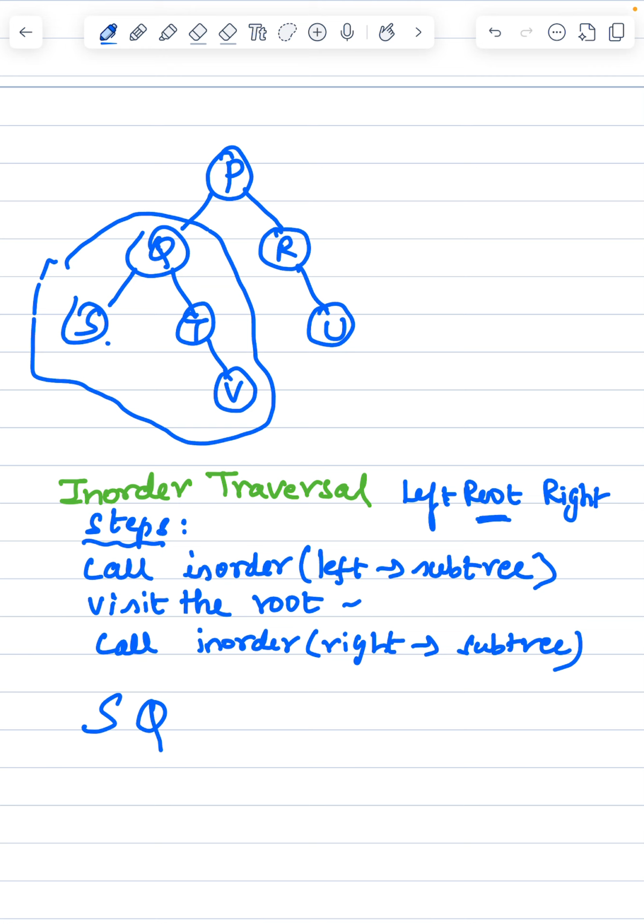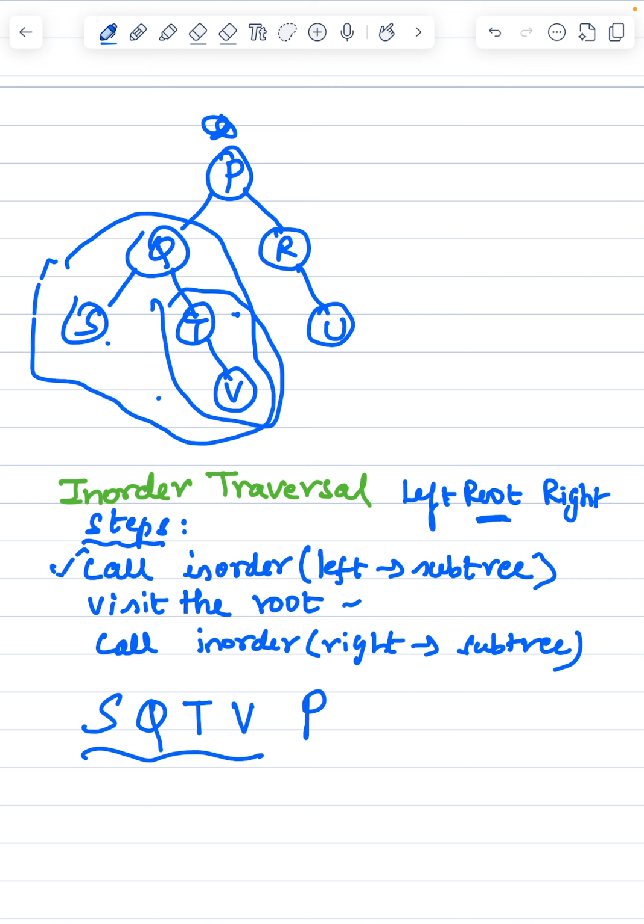Then just move on to the right part. Again in the right you have to look for left. We don't have anything left, so just move on to root T and then move on to the right subtree. Once your left subtree is done, visit the root. P is my root. So this left subtree is done.